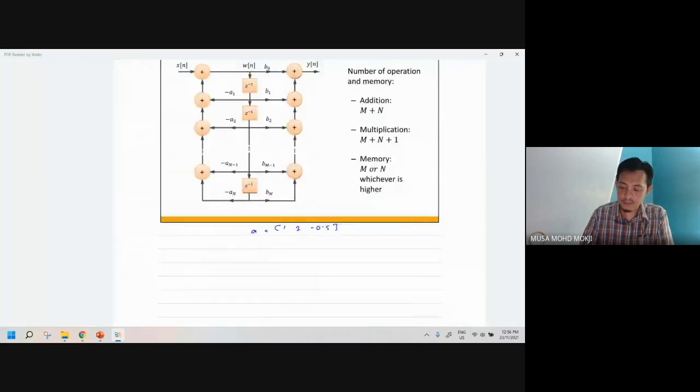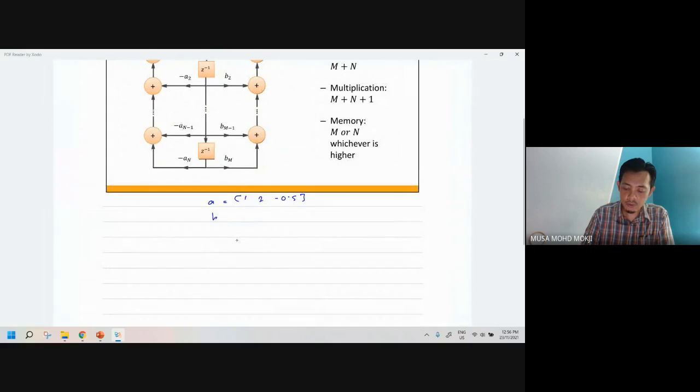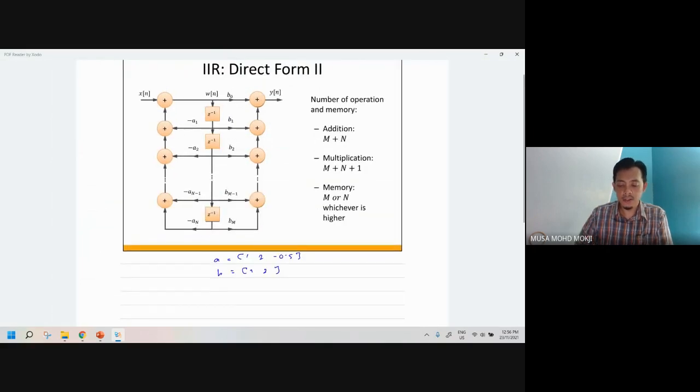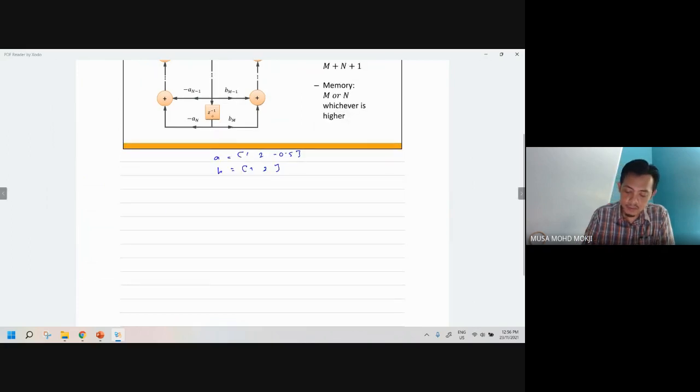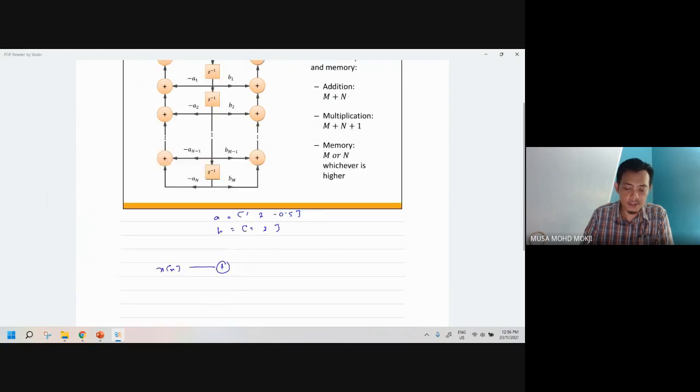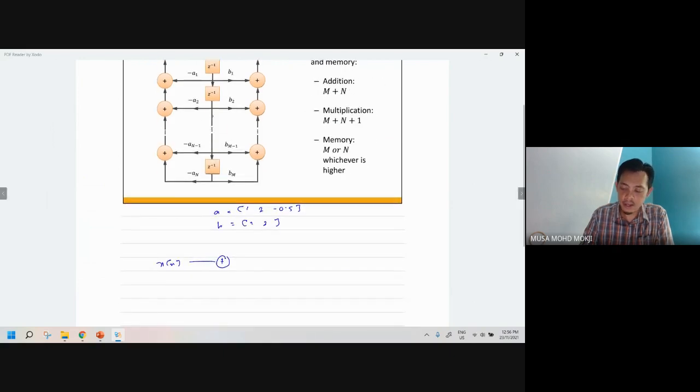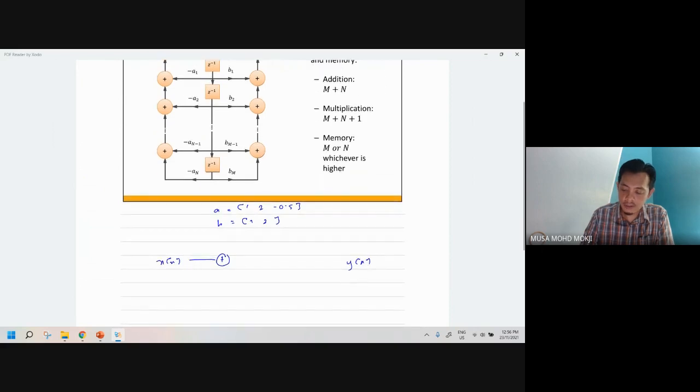Okay. And then B is equal to 1 and 2. Then, because you know what A and B are, you just plug in all the values inside the diagram. So xn, and then you should see a plus first, and then yn. So you should see again the plus first.